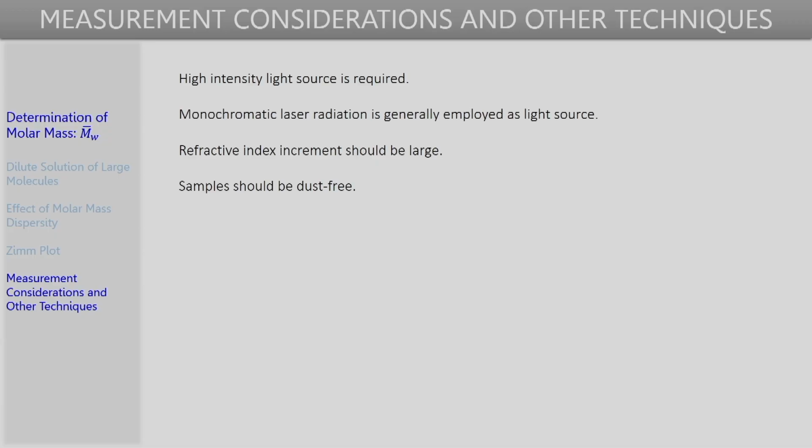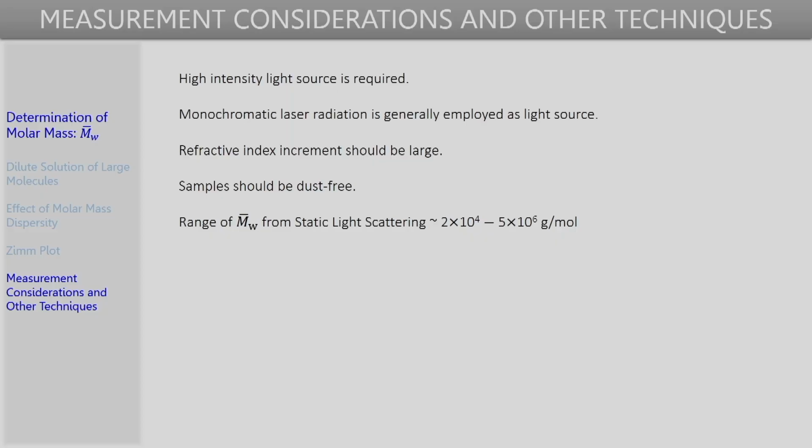So, the sample has to be entirely dust free, and typically the range of weight average molar masses that one can obtain from static light scattering measurements is quite wide, and it ranges from around 20,000 to over 5 million grams per mole. Here the lower limit is basically because of the sensitivity of the equipment.